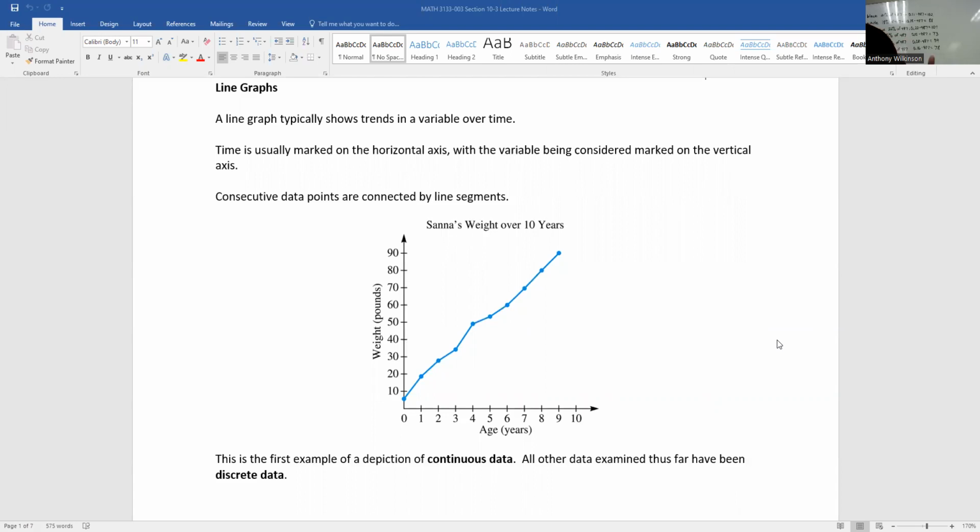If I had to count the number of students in a particular class, that would be discrete data. Or the number of students that participated in the survey, that would be discrete data. But here I'm examining something over a period of time that's continuous.